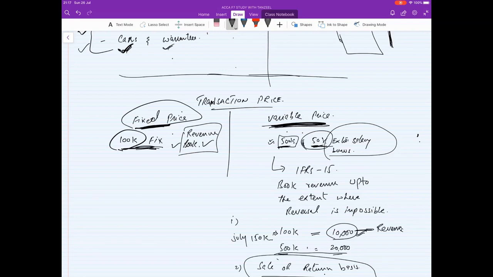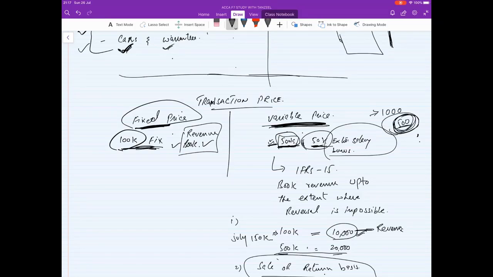It means if your salary is 1000, I will give you 1500. The 1000 is fixed, and the extra 500 is variable. There is a condition, if you meet this condition, then only you will get this 500.